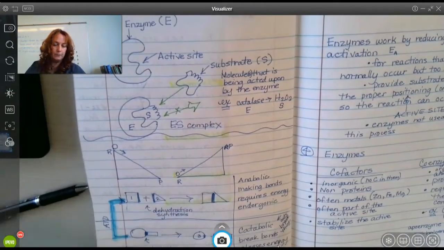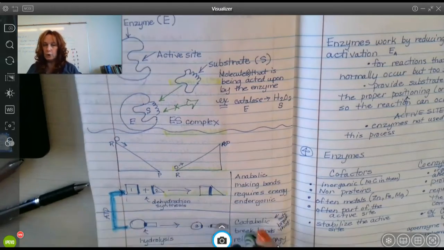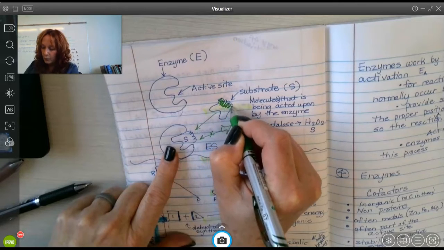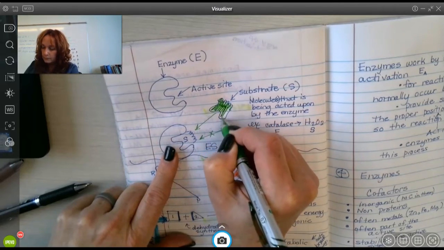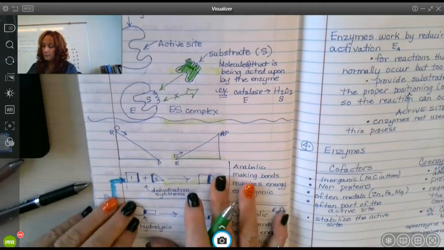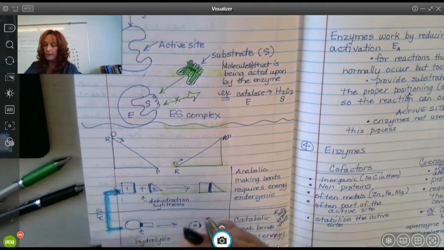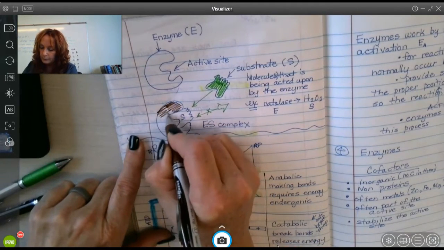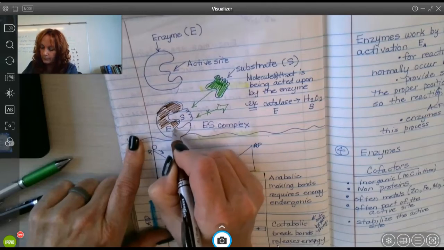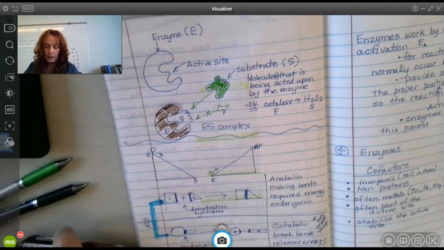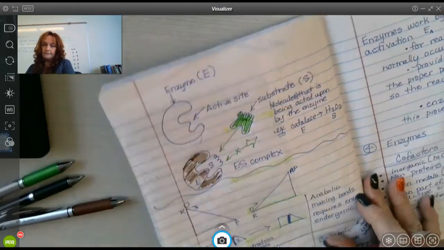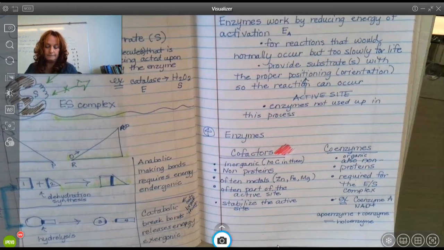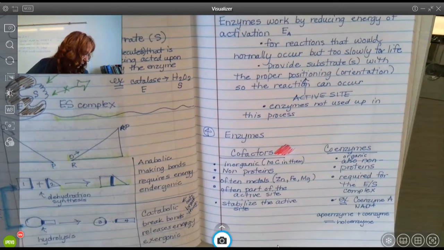So I think what I'm going to do is I'm going to color code. So I'm going to make my substrate green, and I'm going to make my enzyme brown, pick any color as you want, and I'm going to make my cofactor pink, and another color.